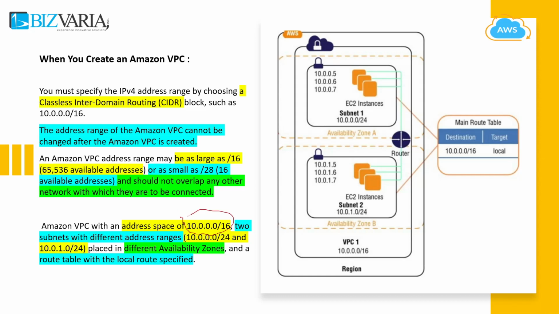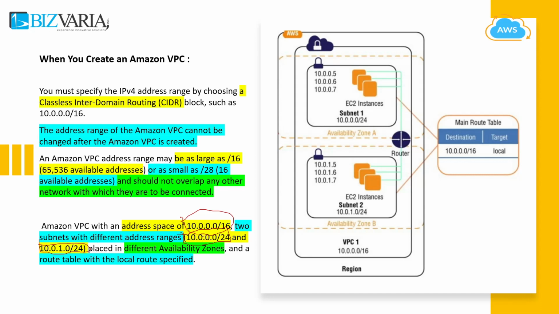Within that block, you then created 2 subnets with /24 and /24. So how many IP addresses are you going to get with the /24 prefix? That is going to be part of your subnet, and they should not be overlapping.